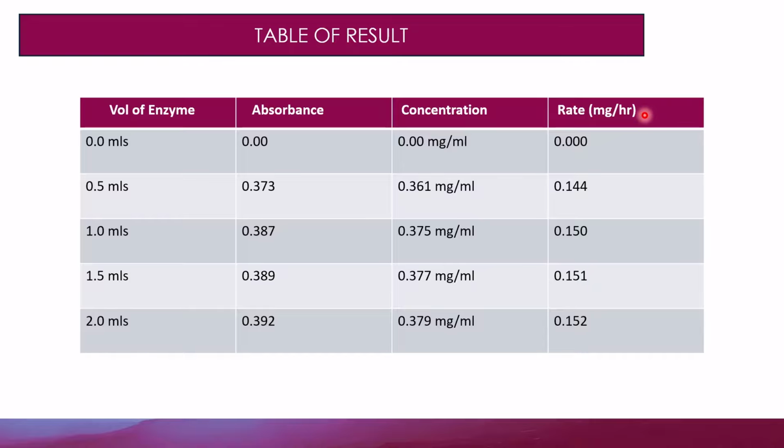At 0.0, the rate is also 0.0. At 0.5 mils volume of enzyme, the rate is 0.144. At 1 mil, the rate is 0.150. At 1.5 mils, the rate is 0.151. And at 2 mils, the rate is 0.152.